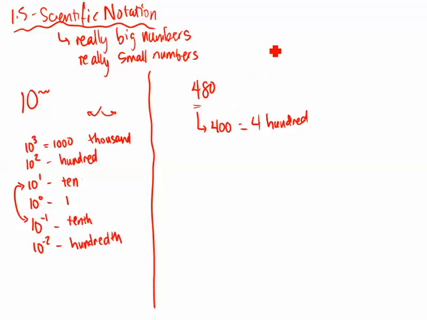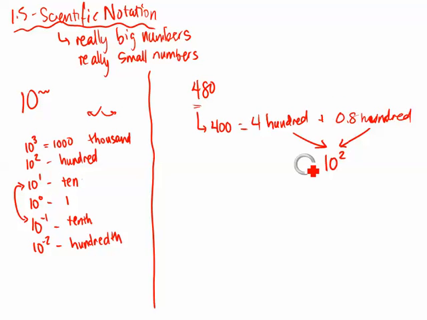Now we do have this 80 in there, and 80 is just smaller than 100. So really this is 400 plus 0.8 of 100. So if we combine those together, the power of 10 is 10 to the 2. 10 to the second is 100 if we look over here.